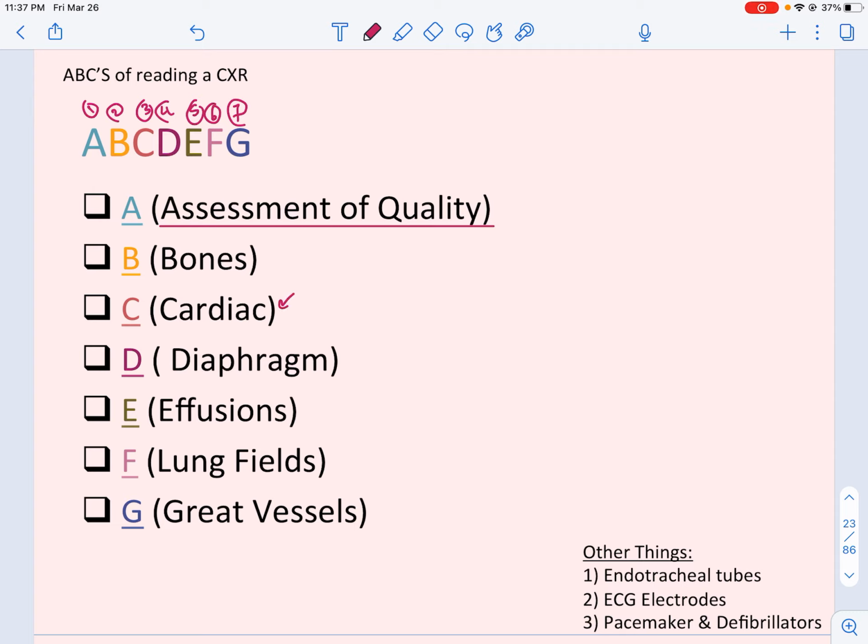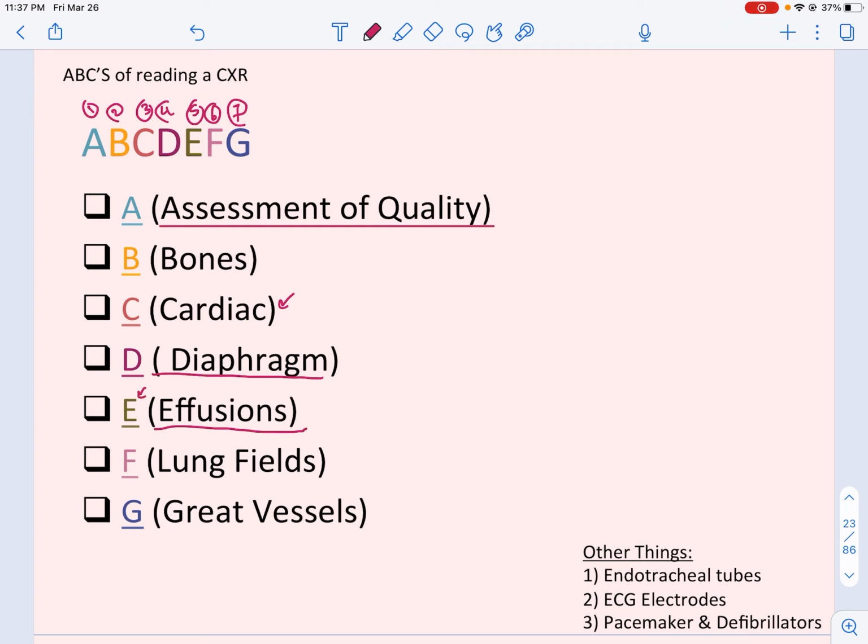The cardiac, C stands for cardiac. As we already took in the cardiology block or cardiovascular block about the chest x-ray and how to assess it in terms of the cardiac. And the diaphragm. Effusion, some people call it like everything else.